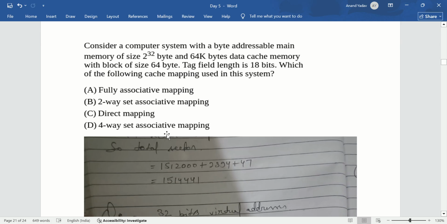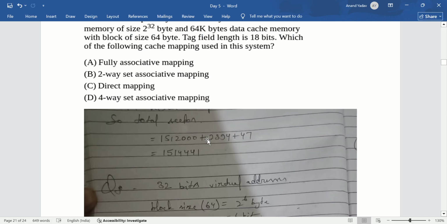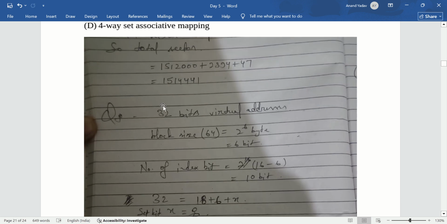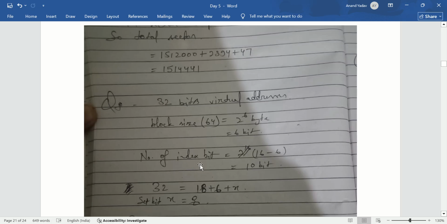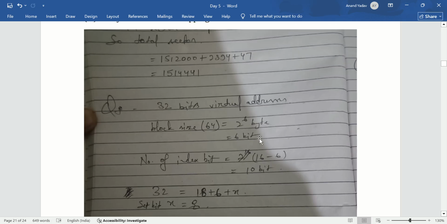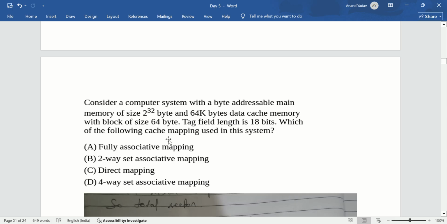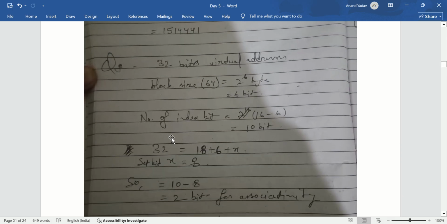For this question I will solve this way. 32 bits virtual address, memory size 2^32, block size 6 bits, number of index bits. For number of index bits, this is 16 bits. It takes 16 bits for storing, minus block size, I will get index bits 10 bits.